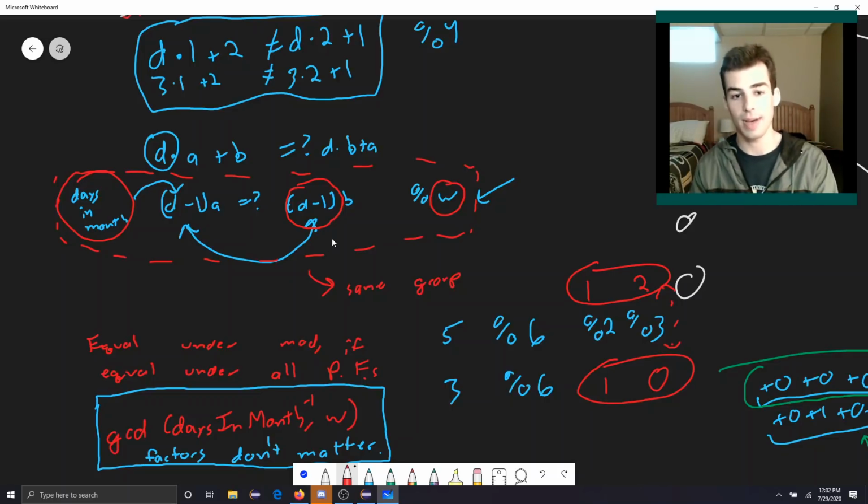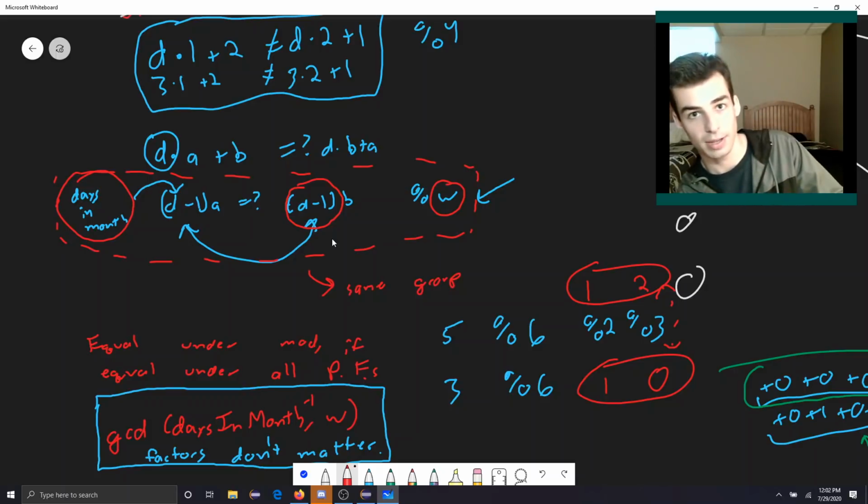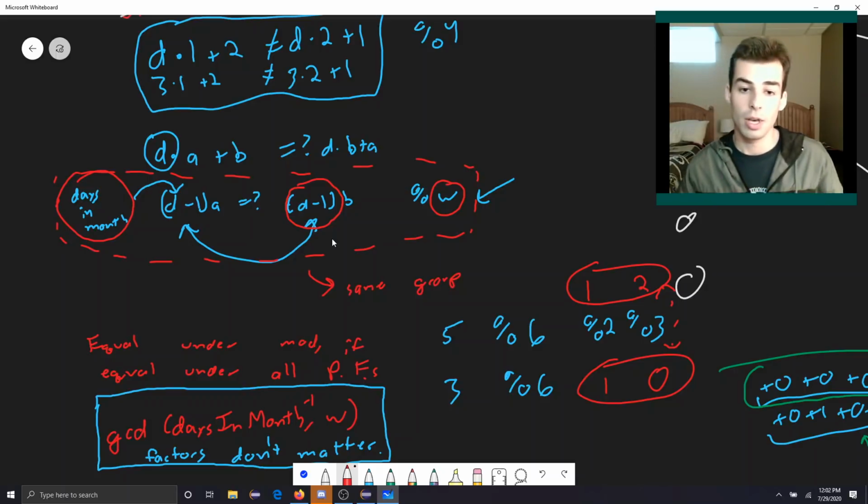We only care about its value mod all of the other prime factors, because it'll be equal to 0 mod 3 since we're multiplying it by 3, or some multiple of 3. That's true for anything else too. If we multiply it by 2, we don't care about its value for a factor of 2 if it only has one factor of 2, because we know it'll be equal to 0 since we're multiplying it by something that is a factor of 2.